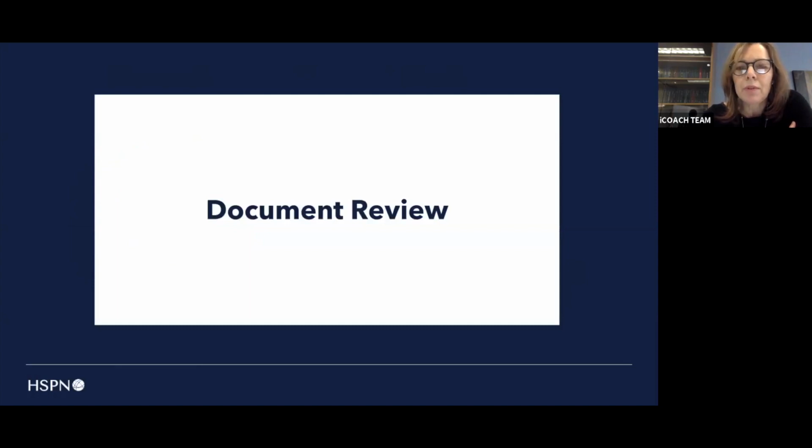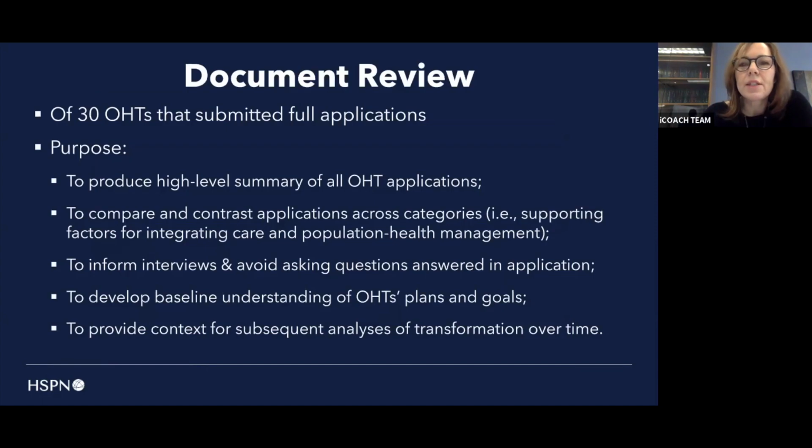The document review has been led by Dr. Sybil, and its purpose is to look at all those full applications, which you know how extensive they are, to produce a high-level summary so that we can compare and contrast the applications across factors for integrating care and population health management.